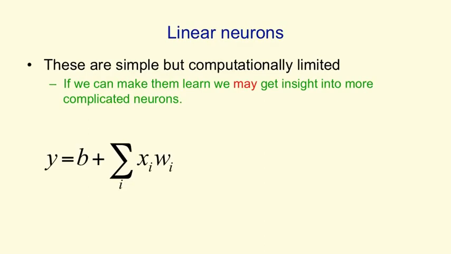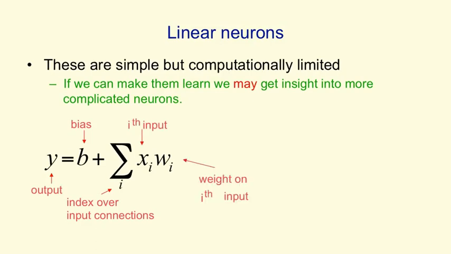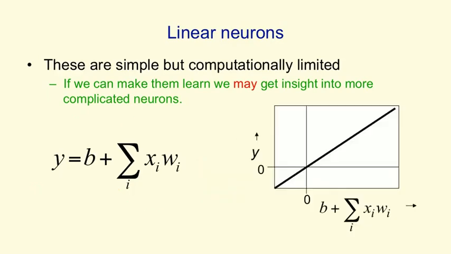So in a linear neuron, the output y is a function of a bias of the neuron, b, and the sum over all its incoming connections of the activity on an input line times the weight on that line. That's the synaptic weight on the input line. And if we plot that as a curve, with the bias plus the weighted activities on the input lines on the x-axis, we get a straight line that goes through 0.